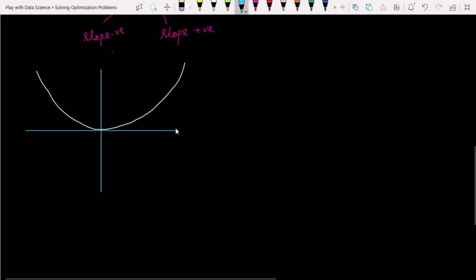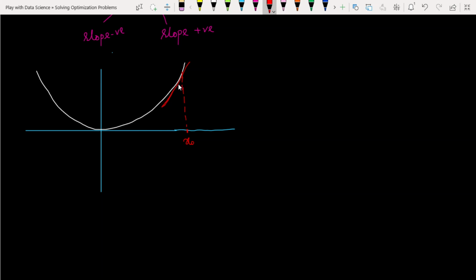Let's randomly choose a point here, x naught. What will be the slope at this point?